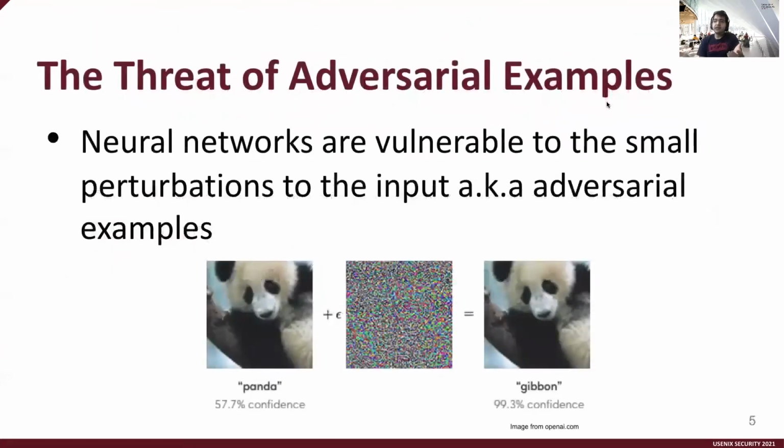But we know that neural networks have a main issue, which is they are vulnerable to small changes to the input, and these kinds of malicious inputs are also known as adversarial examples. If you have a neural network which can identify different images, by changing a small amount in the pixel values, or adding a small noise to the image, the neural network can change its prediction completely.